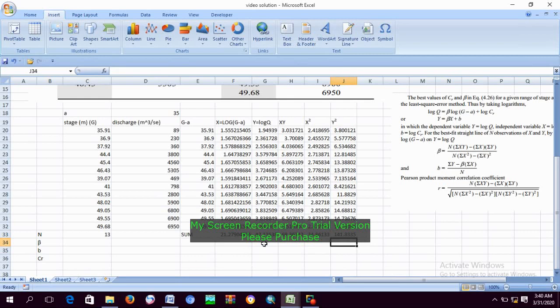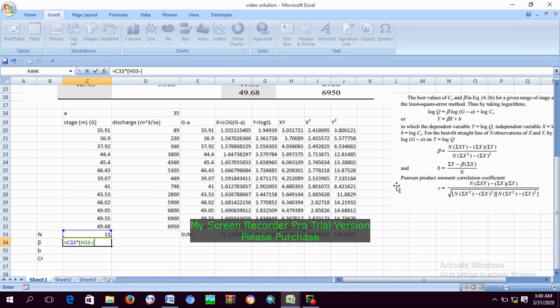After calculating this value, we can use this formula in order to determine beta. So beta is equal to n times, n value, n times the bracket summation of xy. Summation of xy is this value, minus the summation of x times the summation of y.